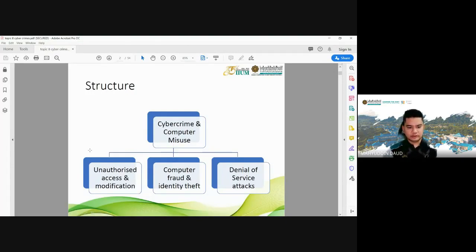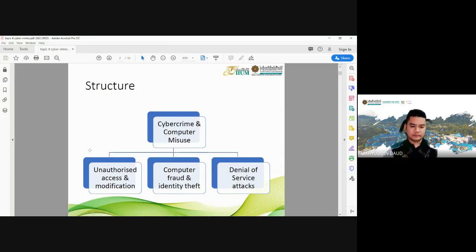Because there are many kinds of cybercrimes, we will look at the first three. Unauthorized access and modification. This is usually known as hacking, but the statutory language is unauthorized access and modification of content. So that's the first that we will look at.